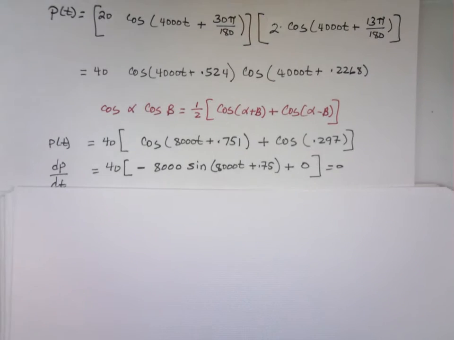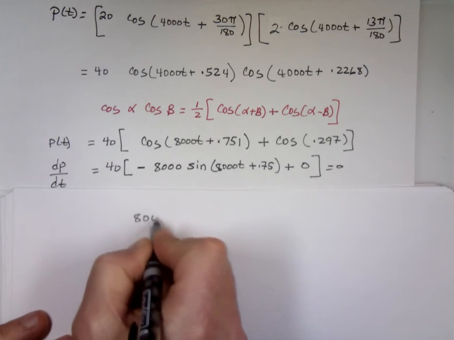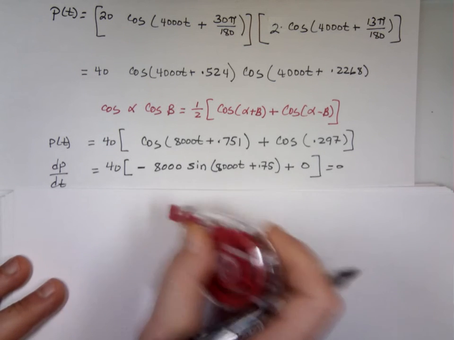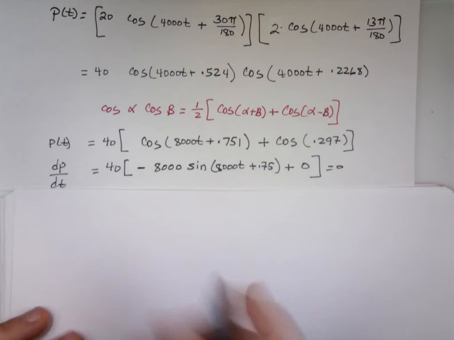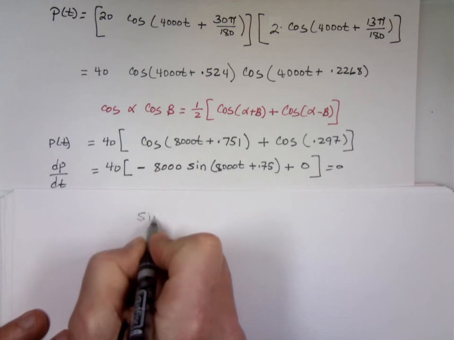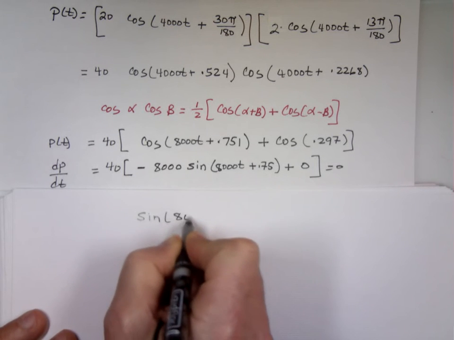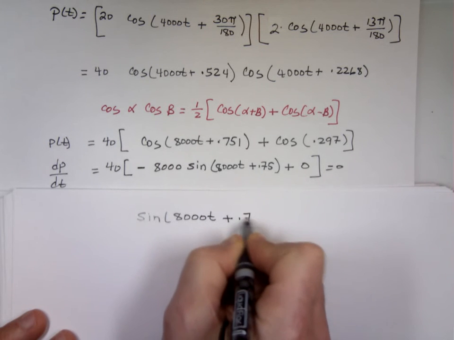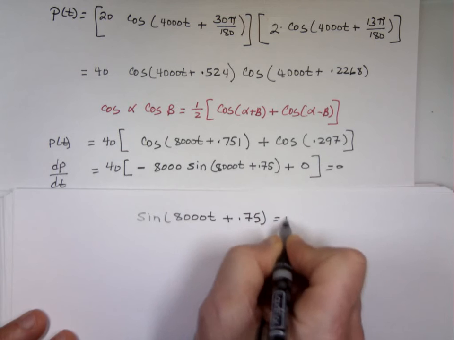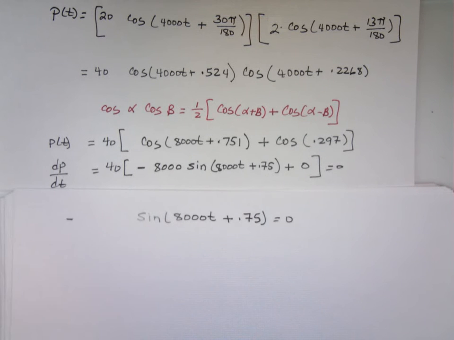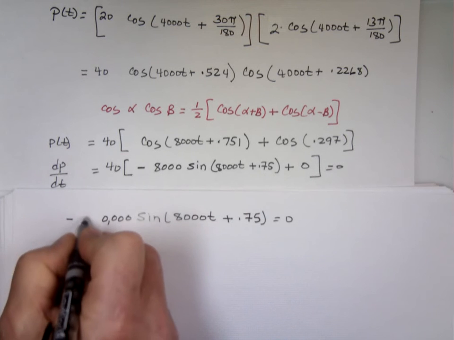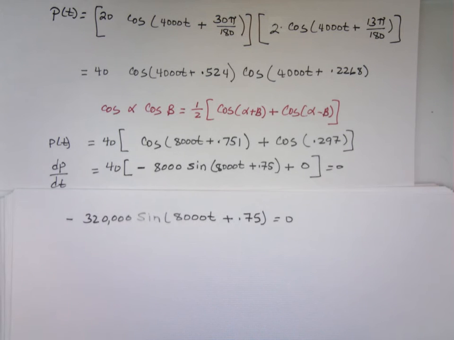Now, you can even drop all the numbers in the front if you divide both sides. For this to be 0, that means the sine has to be 0. I'll leave it there for now because I know some people are going to ask how I came up with this. 4,000 times 8 is 32, with the zeros. Let's divide both sides.